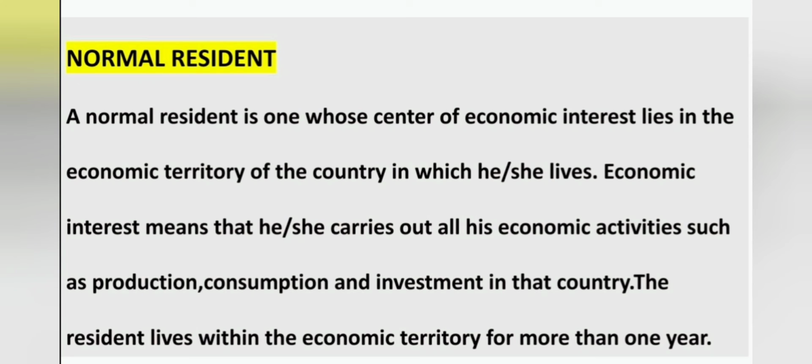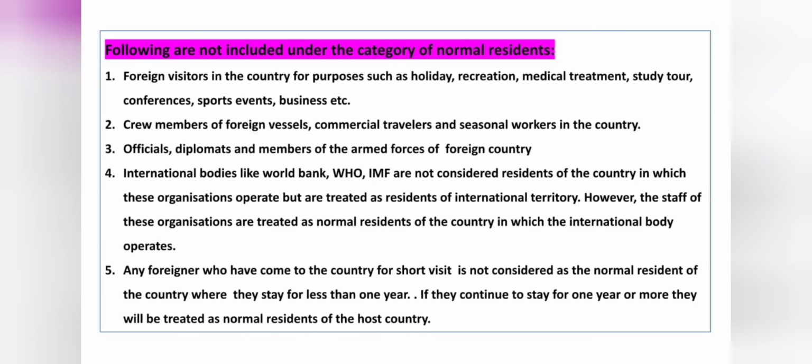For example, a large number of Indian nationals have settled in USA, England, Australia, etc. as residents and not as nationals of these countries. For India, they are non-resident Indians, NRI, but continue to remain Indian nationals. The following are not included under the category of normal residents.